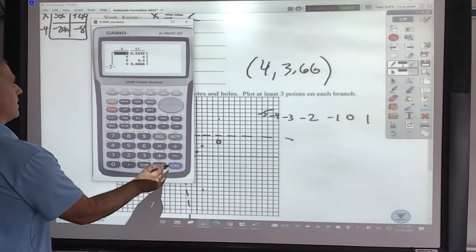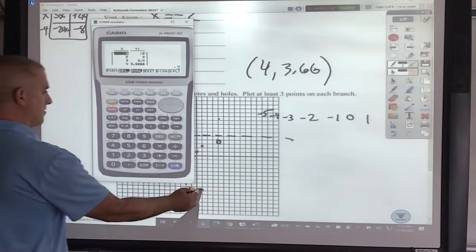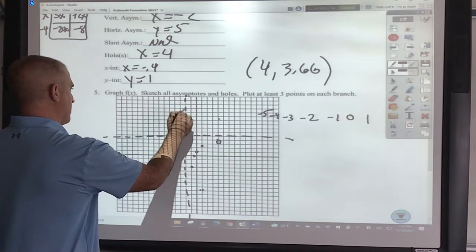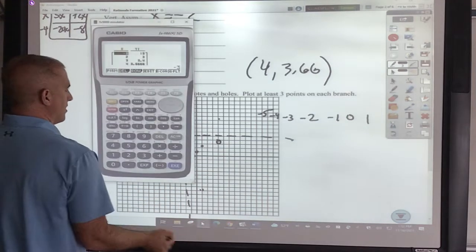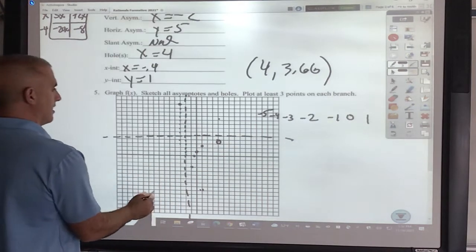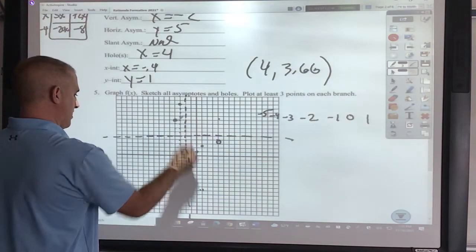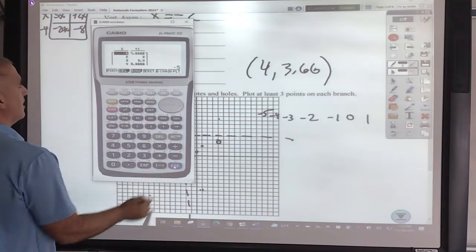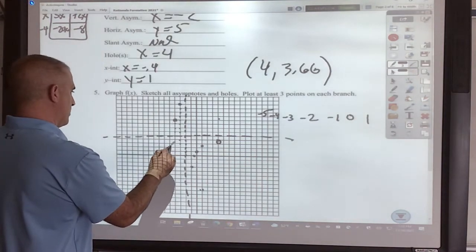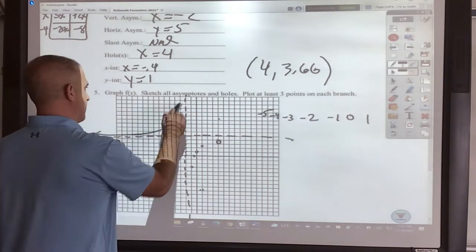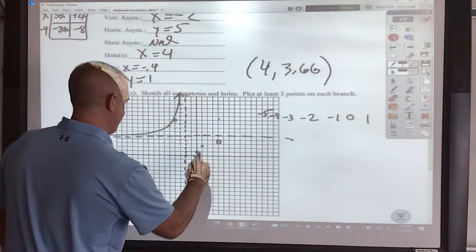And then -3, I get 13. And then -4, I get 9. And then -5, I get 7.6. So my curves look something like this.